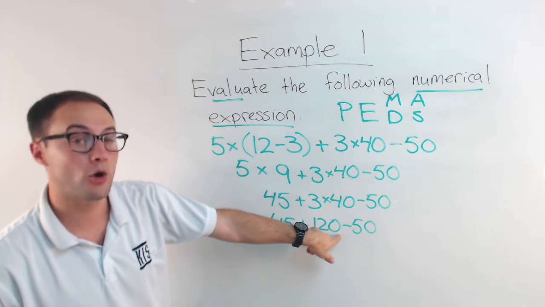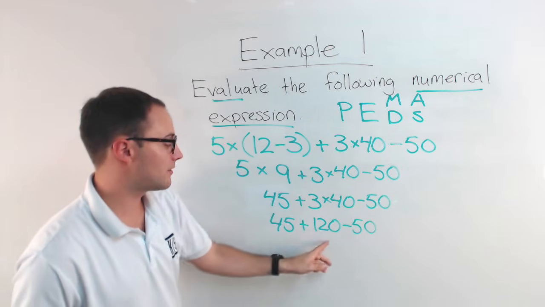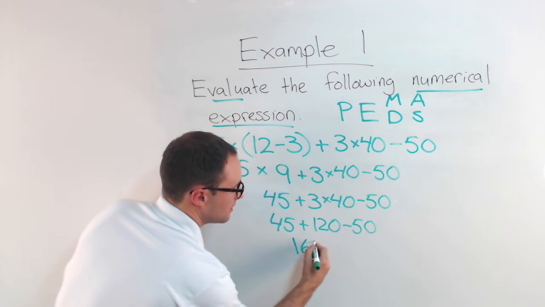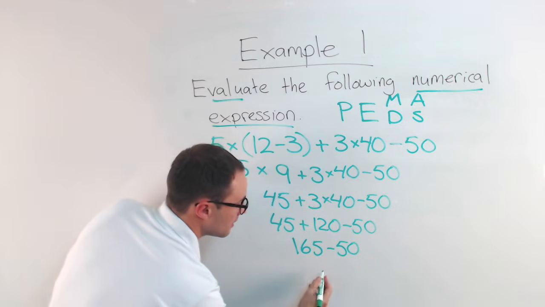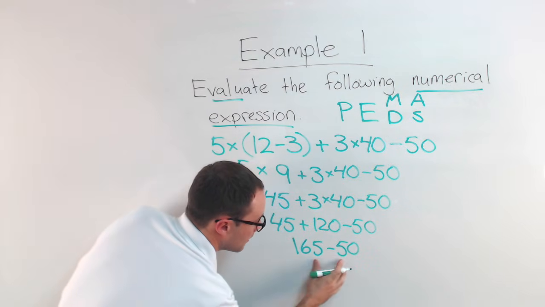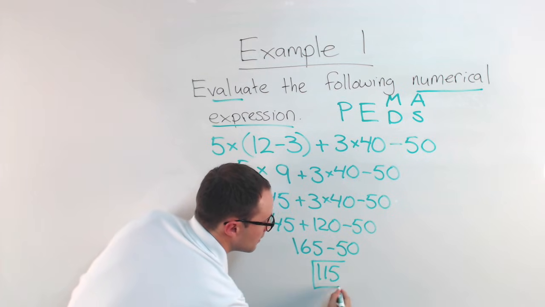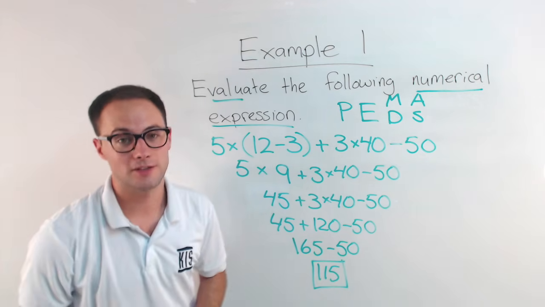So notice we have both, but this addition comes first, going left to right. So I'm going to add 45 and 120, which is 165 minus 50. So our final difference here is 115, which is exactly what we got when we did it the first time.